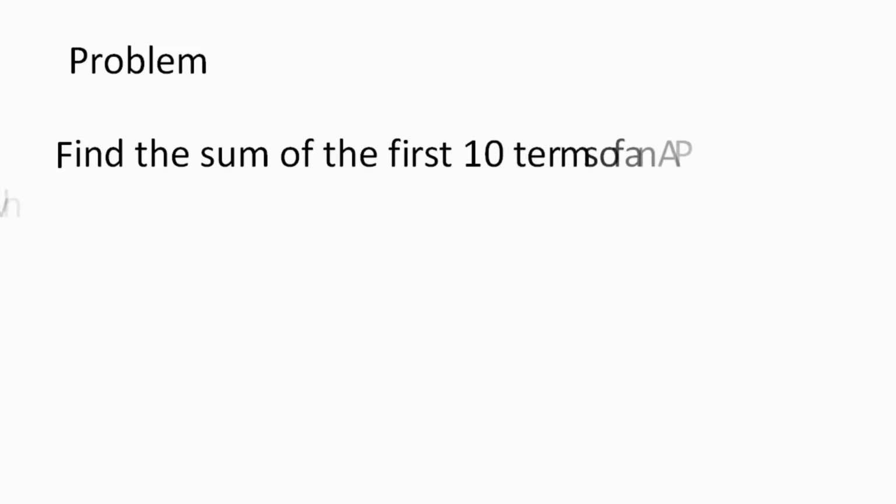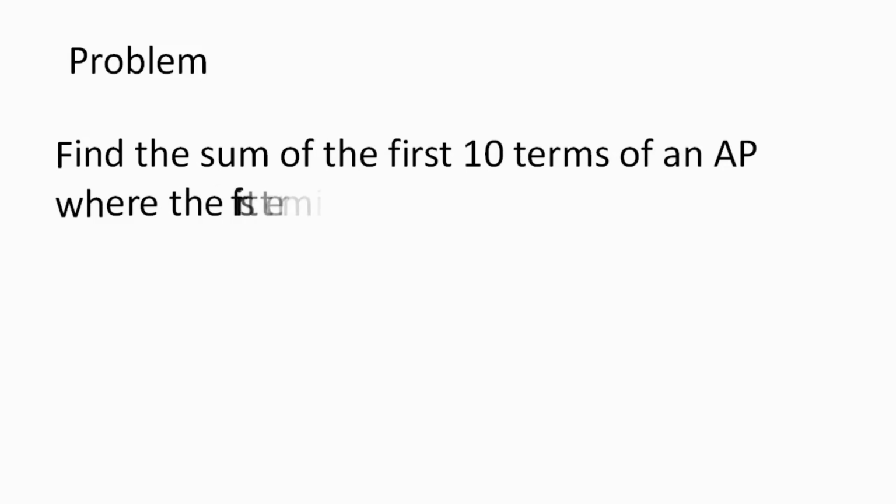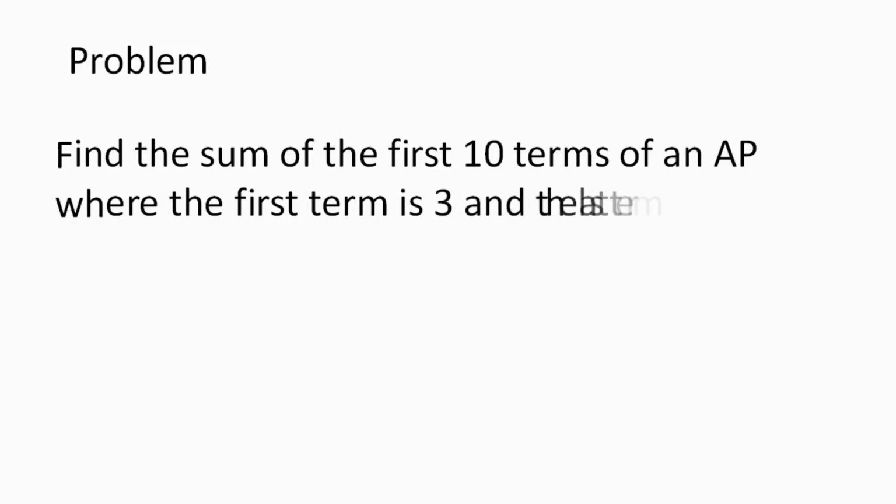Let us solve a problem in arithmetic progression. Find the sum of the first 10 terms of an AP where the first term is 3 and the last term is 30.